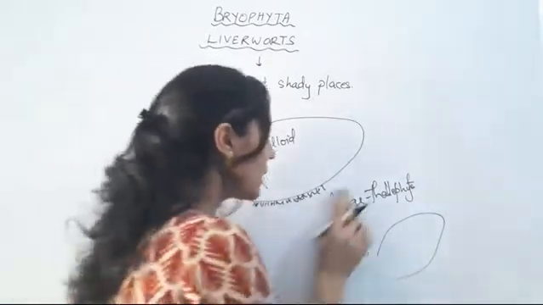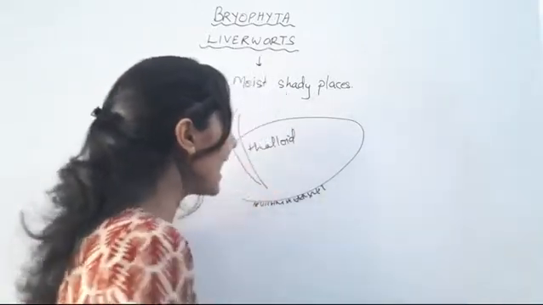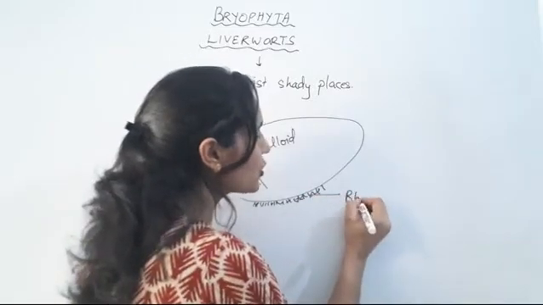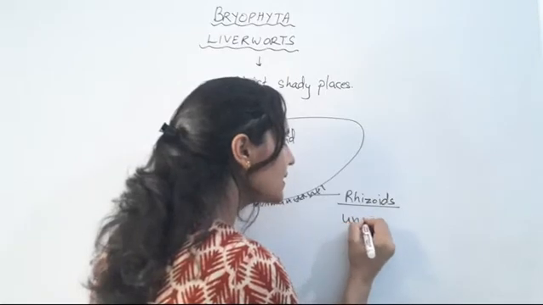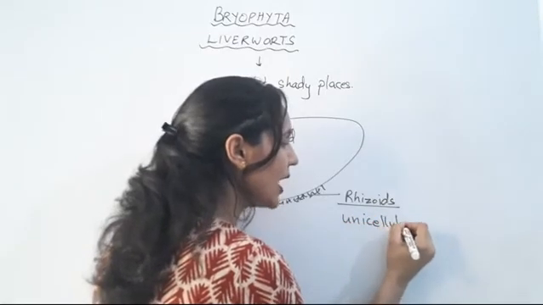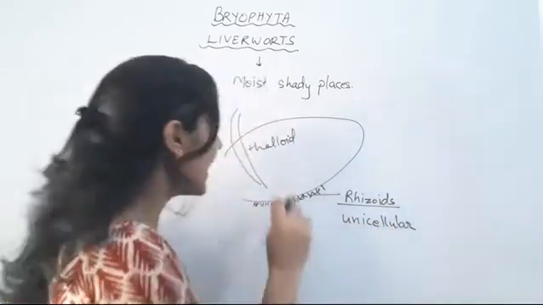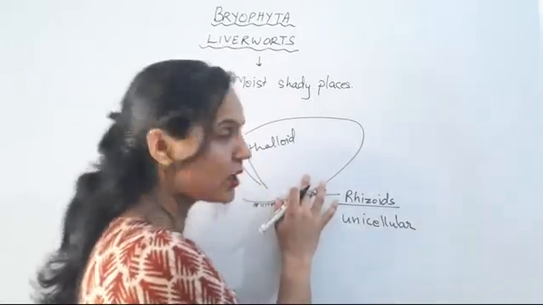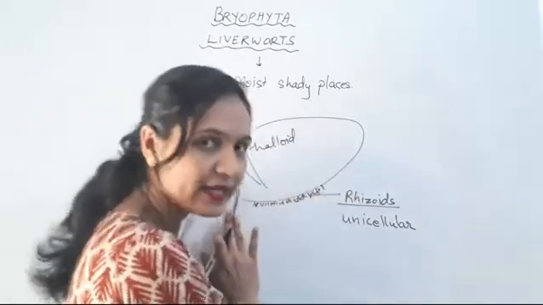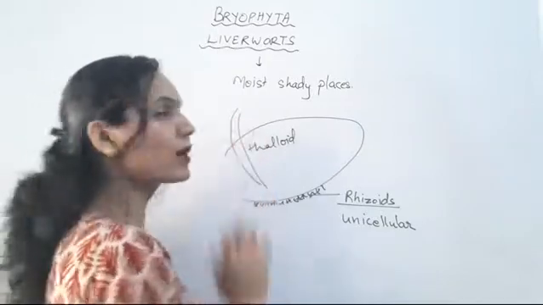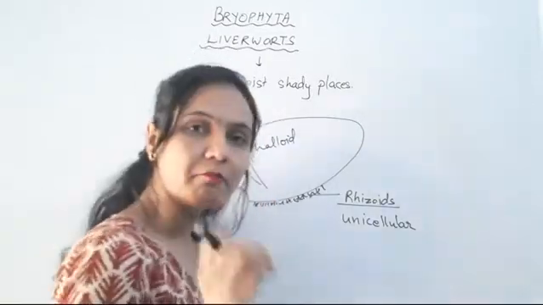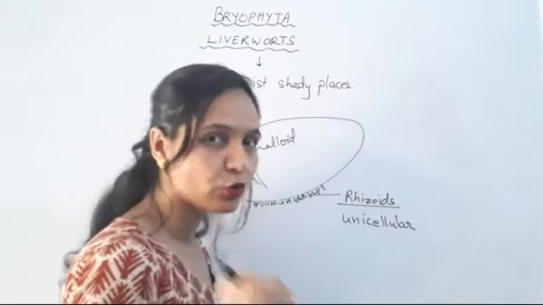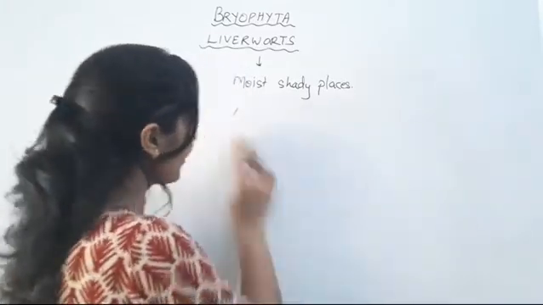So the bryophyte basically has a root-like structure, which is known as rhizoids, which are unicellular. And this is the leaf-like structure, which is known as the thallus or the thalloid, and the stalk-like structure. Clear? If we talk about the male and female structure, I'll draw it.